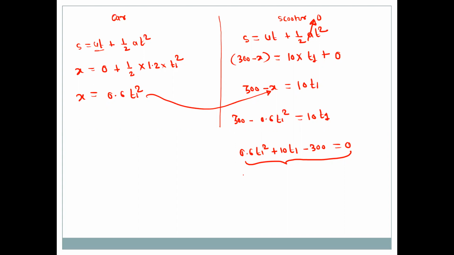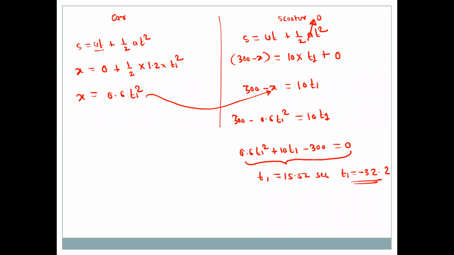To solve the quadratic equation, select the third option from the equation mode. So you will get the time t1 is equal to 15.52 second and the second value will be minus 32.2.